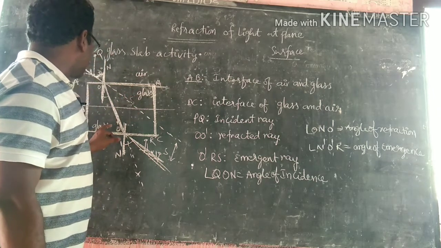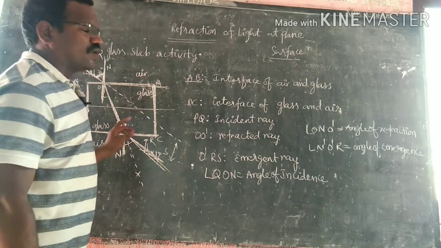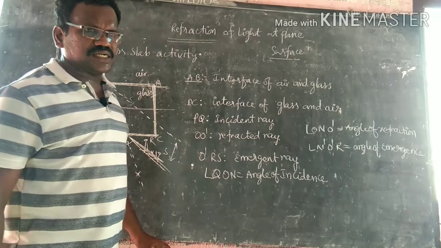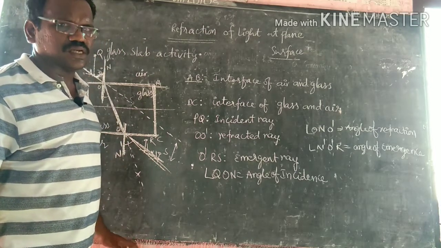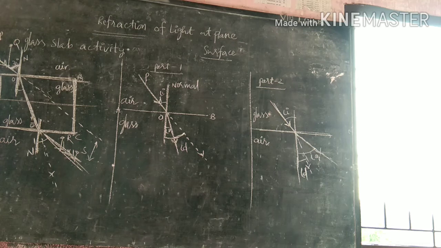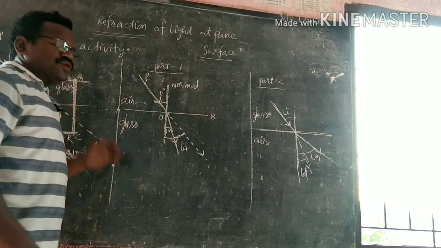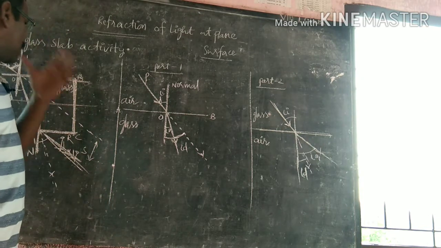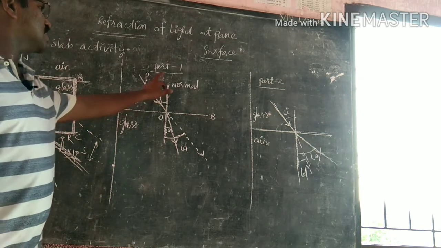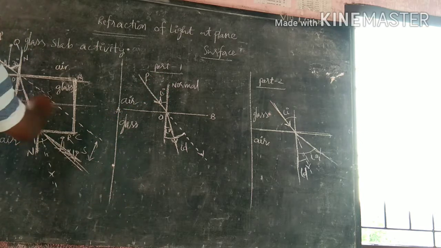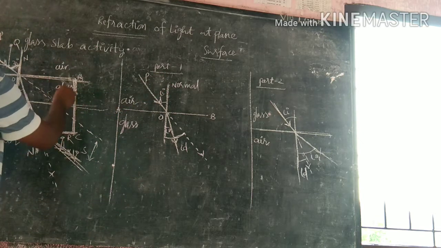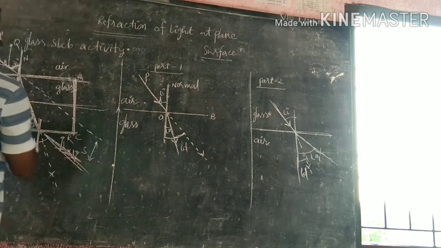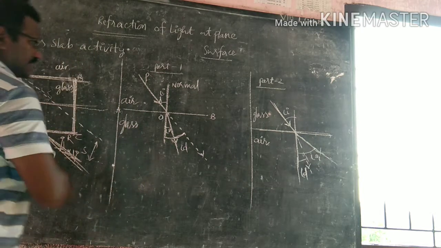If the light ray travels from glass to air, what happens to the light ray? That we are going to discuss now. We can draw this in two parts. The first part is when the light ray travels from air to glass. The second part is from glass to air.